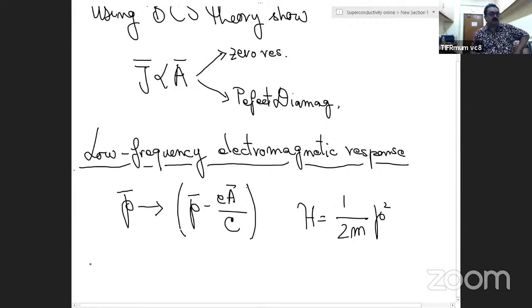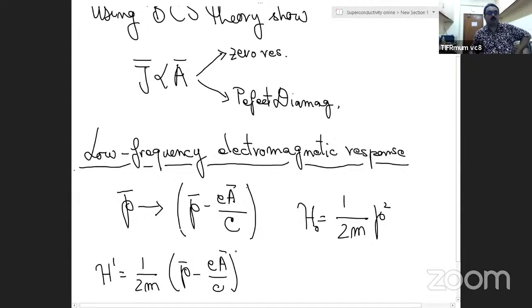Now, if I have a magnetic field, and I call this H0, the perturbation part of the Hamiltonian will be one by 2m (P minus eA by c) whole square minus P square by 2m.